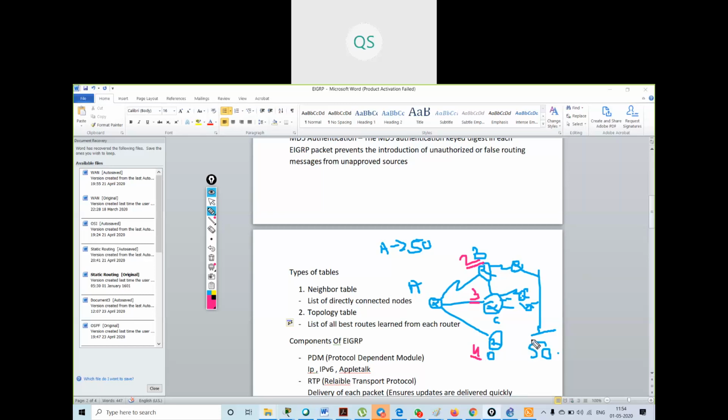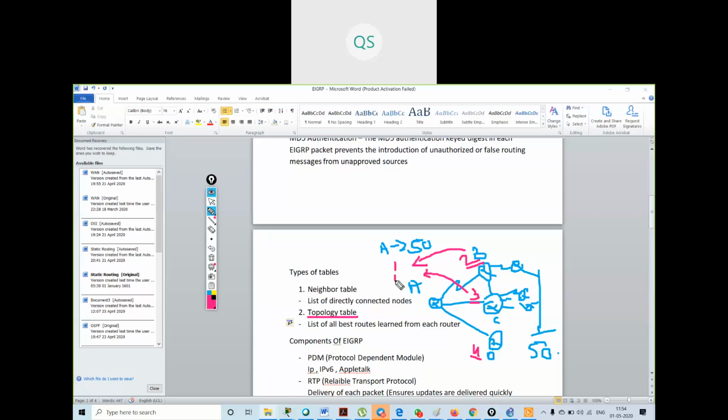Now, what will be stored in the topology table is this. B is having 2 routes, but B will give the best route among these two, and advertise that best route to A. So B gave 1 route. Among its 3 routes, C will also advertise 1 route.